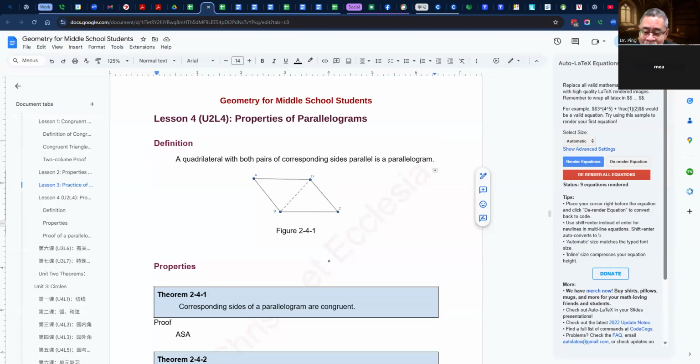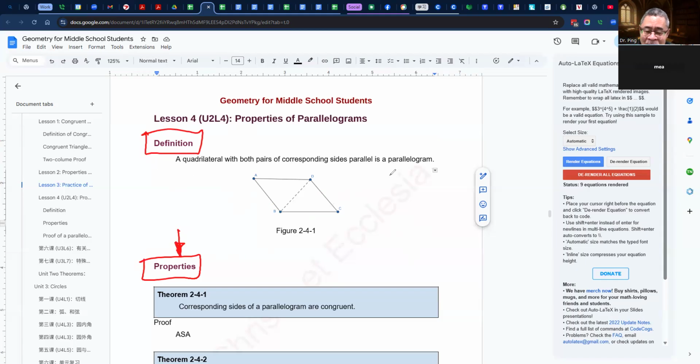Okay, now we're going to talk about properties. A property basically says if this is a parallelogram, how does it behave? Is there anything special about it? It's about the behavior. So we have defined it, then we look at the properties.